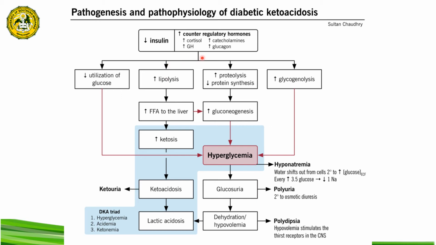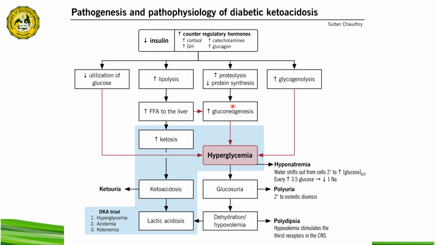The presence of these counter-regulatory hormones will also promote the increase in the breakdown of proteins, that is proteolysis, and a decrease in protein synthesis. The breakdown products of proteolysis can also serve as a substrate for gluconeogenesis.